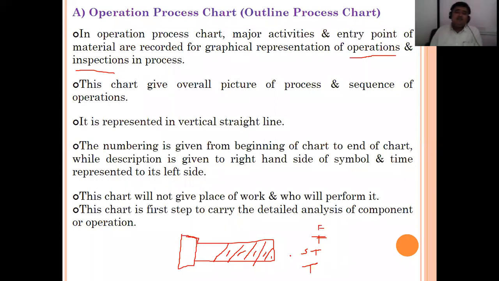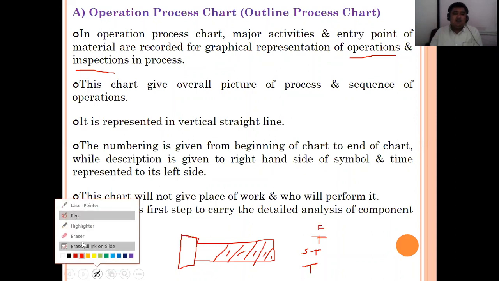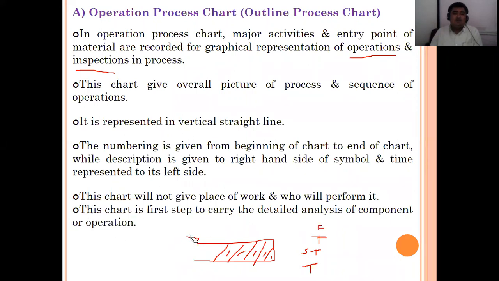Let's say this is 10 mm, and I have given you the 10 mm. So I want to produce, let's say, a non-headed bolt. I want to produce the non-headed bolt, like this bolt.